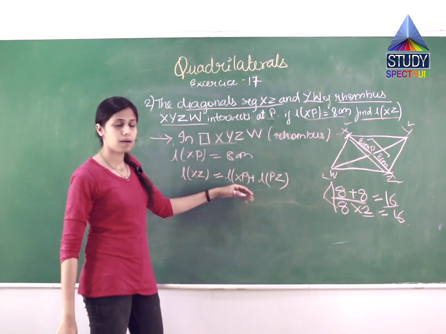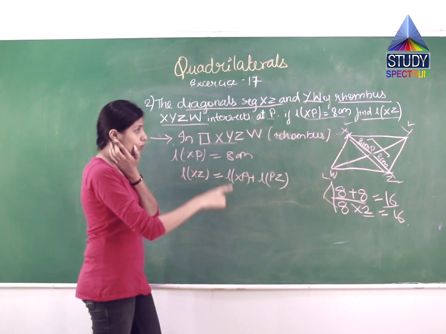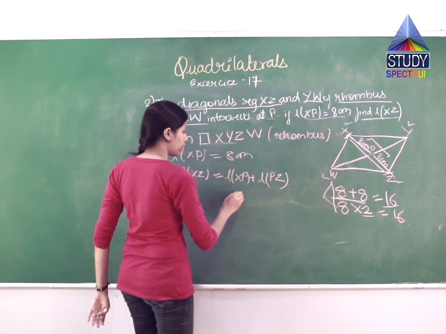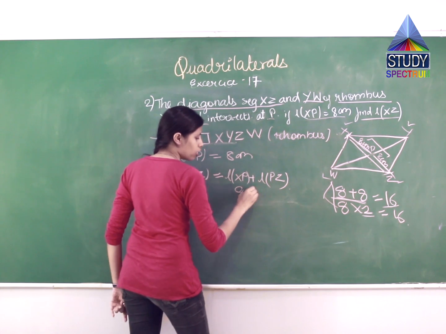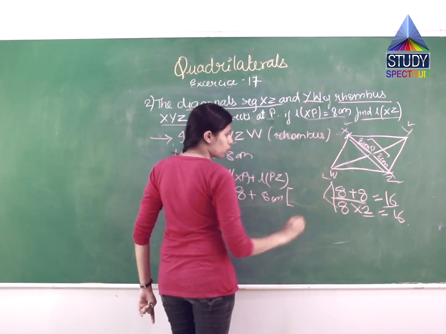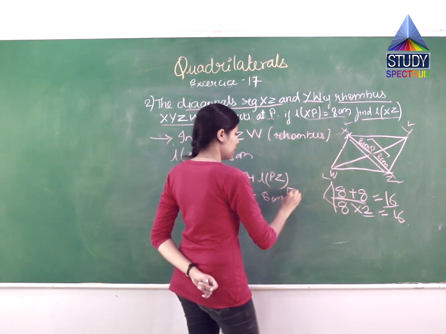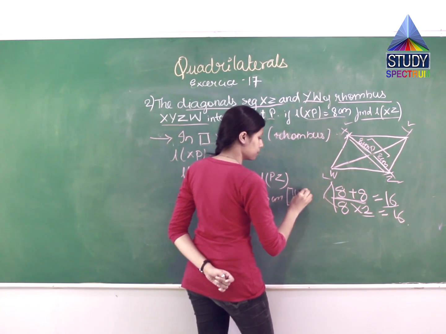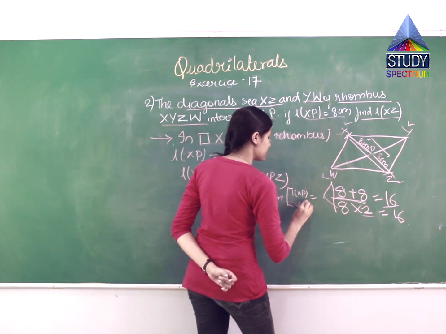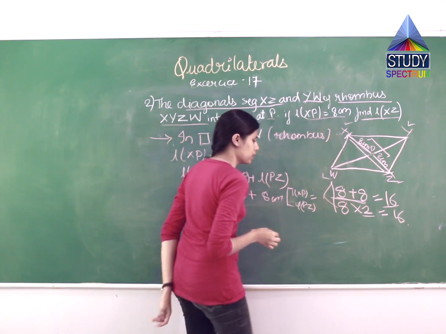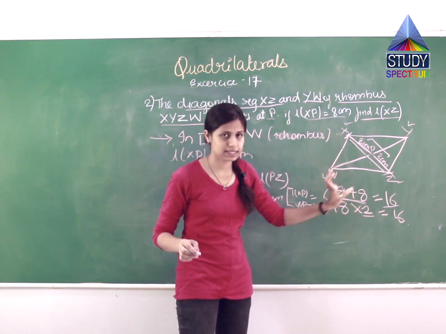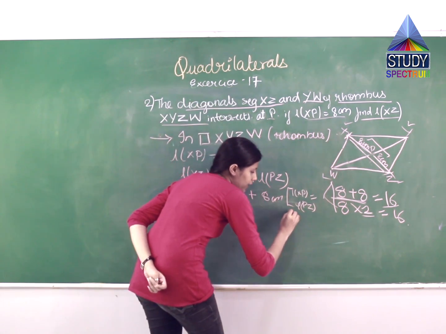Now in the question it is given that length of XP is equal to 8 centimeter, so you can copy it down, 8 centimeter. And in the reason you can write length of XP is equal to length of PZ.